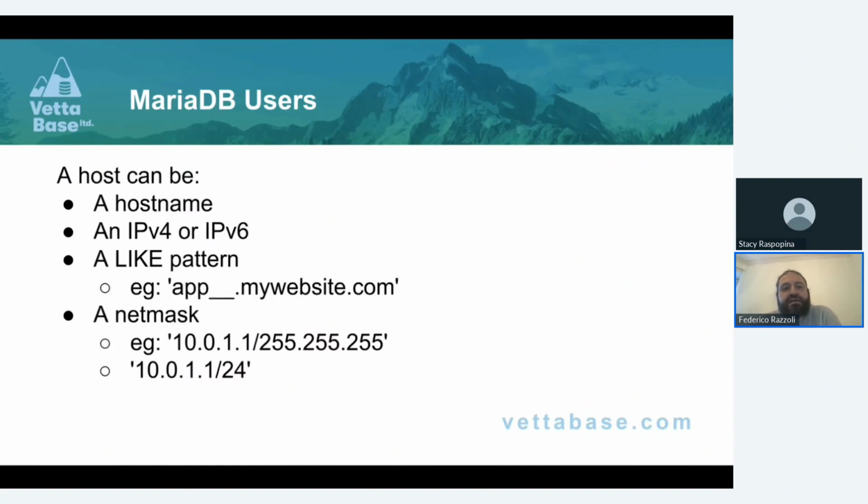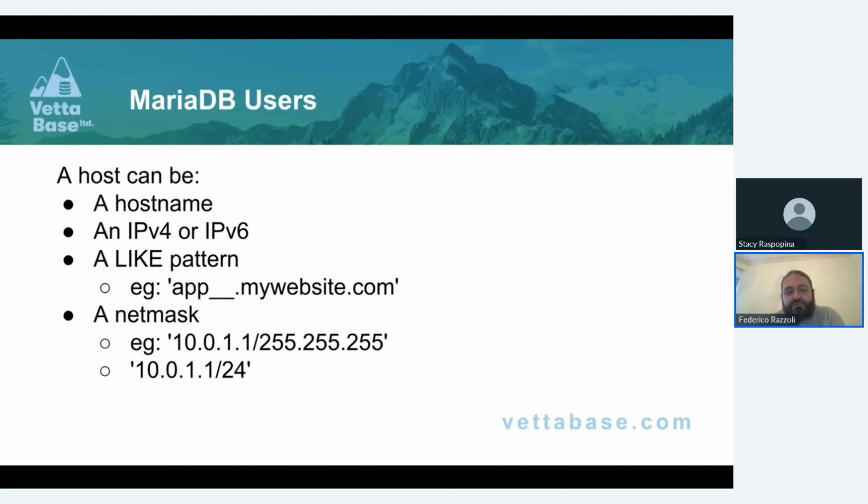A host can be a host name, an IPv4 or IPv6 address, or it can be a pattern, just like the patterns used by the LIKE operator in SQL. So you have two types of wildcard characters.